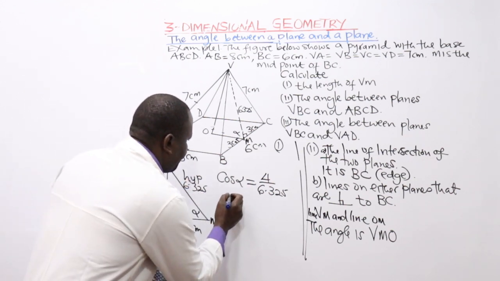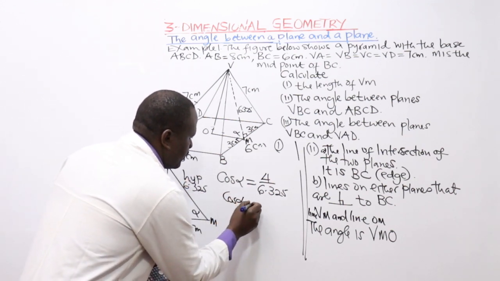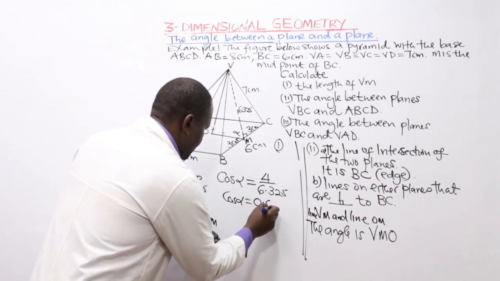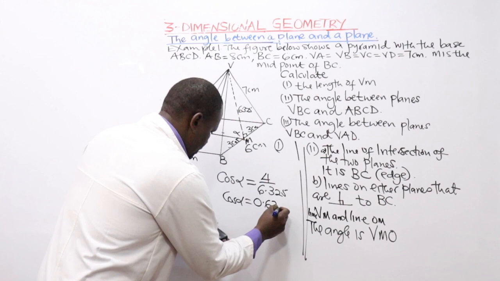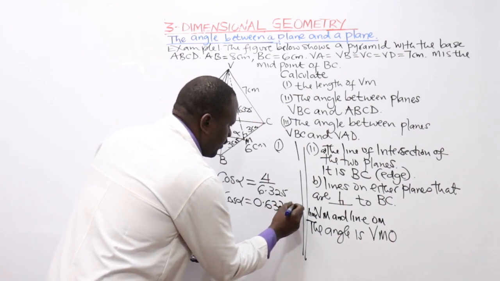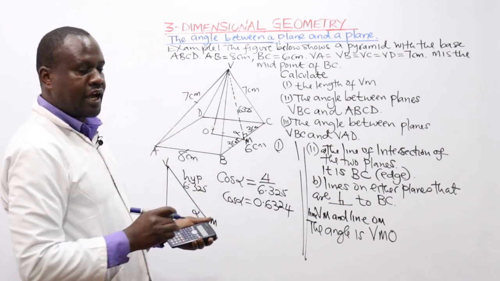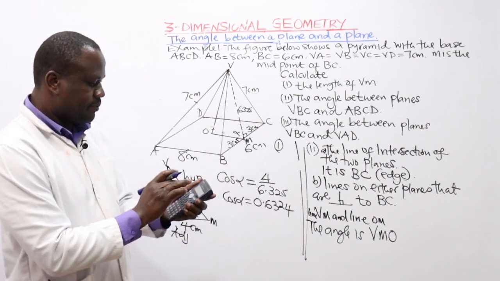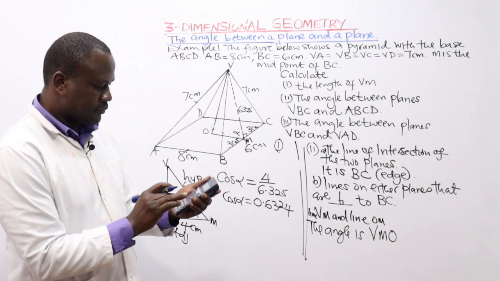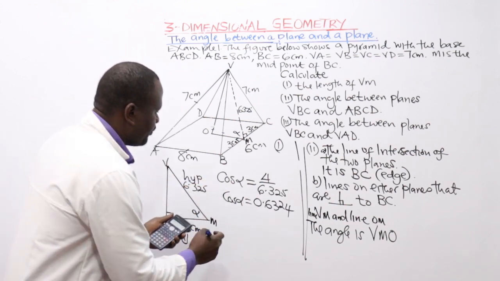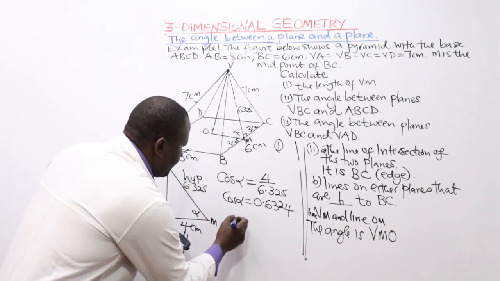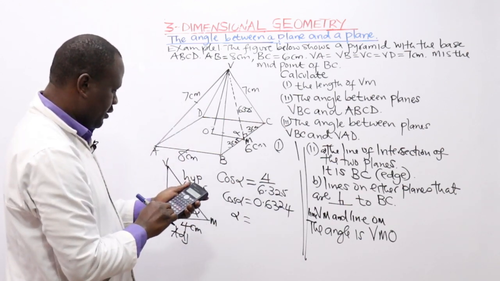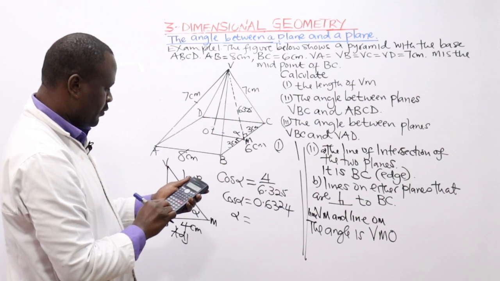You'll get 0.6324. Then you look for the angle whose ratio is that one by pressing shift cosine inverse of 0.6324.